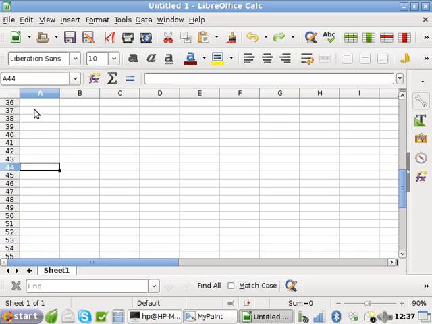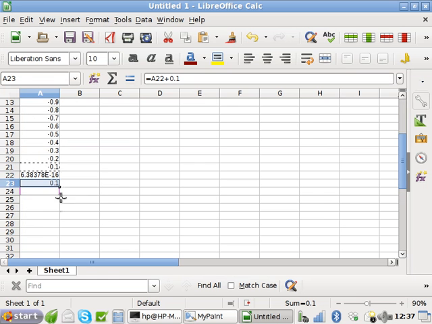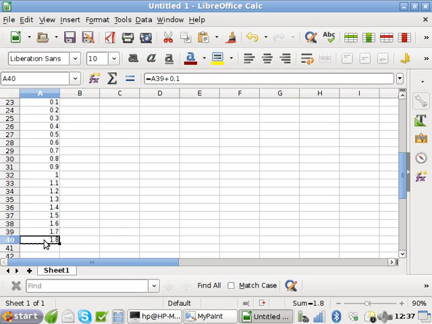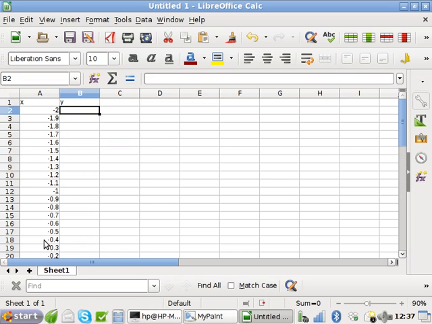Oh, what happened there? Right, we'll go all the way down to plus 2. Okay, and the y, that's equal to this 2 power the x.